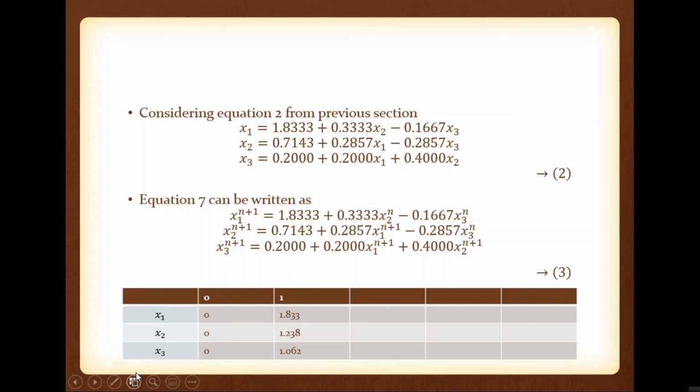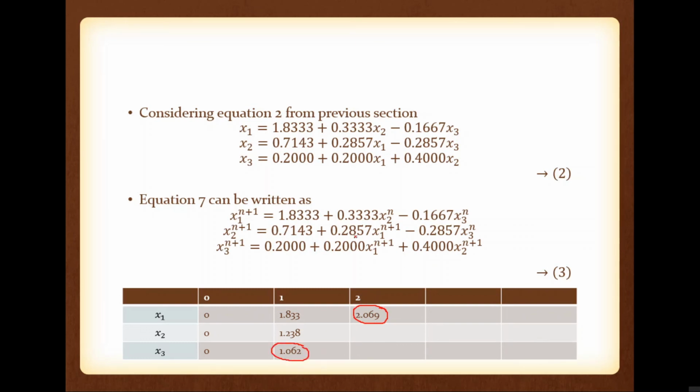So I am continuing this one quickly. Try to do this one. During the second iteration, the value of x1 is calculated by using 1.238 and 1.062, that is this x2n and x3n. So we have 2.069. For me, the x1 value is 2.069. Now in order to find x2, we need x1 and x3, so we have to use 2.069 and 1.062.